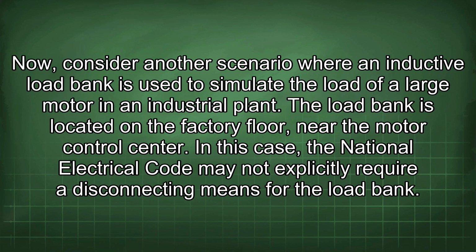Now, consider another scenario where an inductive load bank is used to simulate the load of a large motor in an industrial plant. The load bank is located on the factory floor, near the motor control center. In this case, the National Electrical Code may not explicitly require disconnecting means for the load bank.